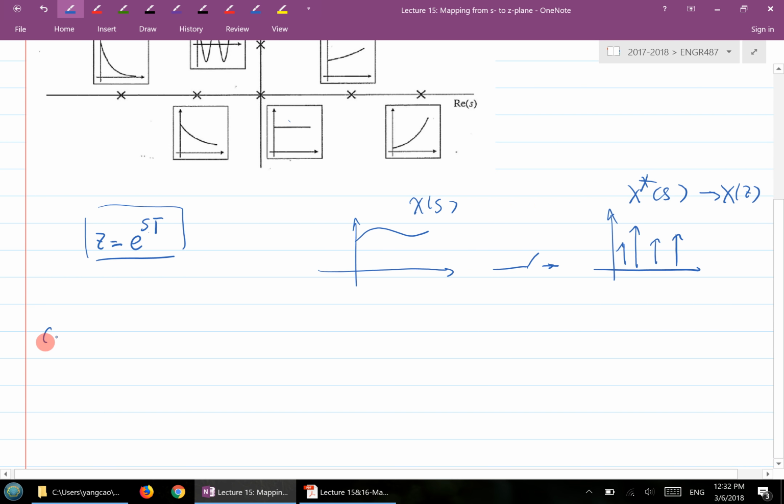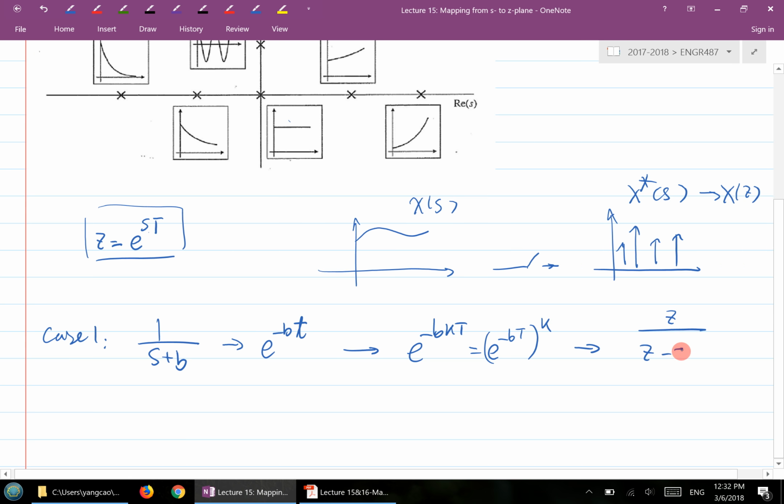There are many examples where you can literally see the relationship showing up. For example, if I have a Laplace transformation which is 1 over S plus B, corresponding to an exponential time function, and you let it pass through this impulse sampling, then you get a discrete time signal, which can be rewritten as this expression, and the corresponding Z transformation is this one.